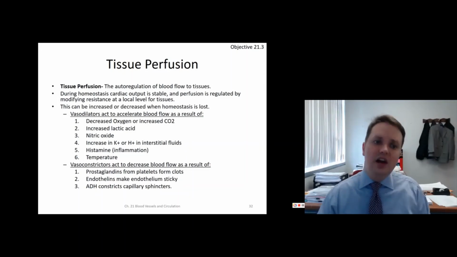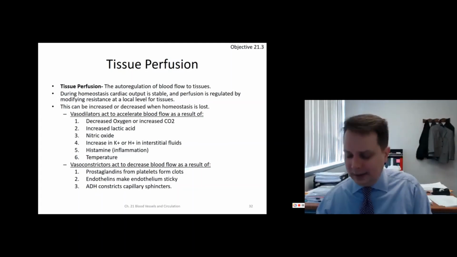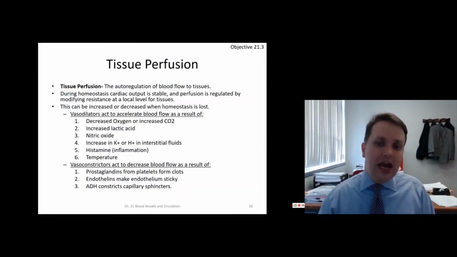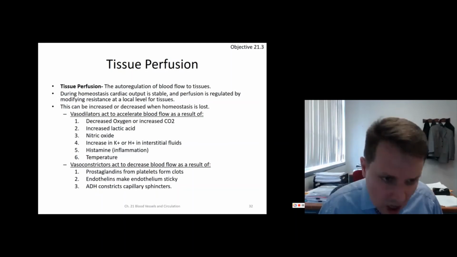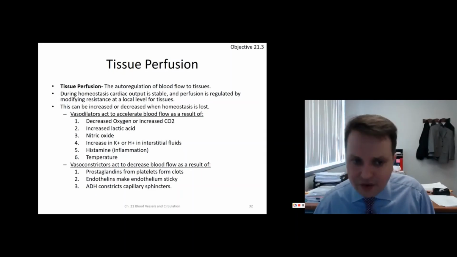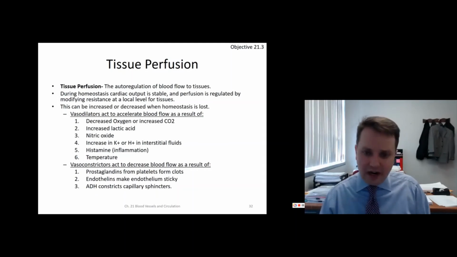So, if you're in homeostasis and cardiac output is stable, all you need to do is regulate resistance at your local arterioles. And when homeostasis is lost, vasodilators can accelerate blood flow because there's not enough oxygen or too much CO2. And that means you are needing more blood flow to tissues, especially the brain.